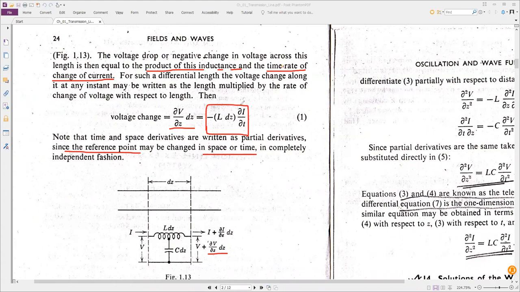This del, not delta, is the partial derivative, because the reference point is not fixed, it will change in time.